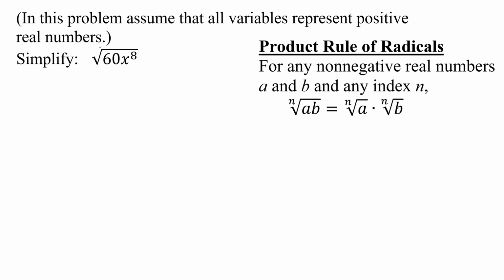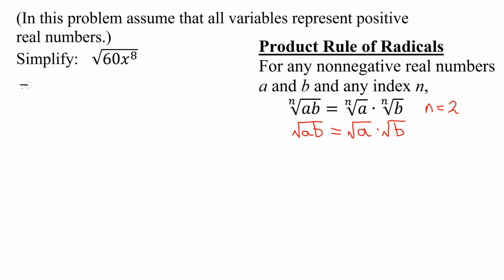What index are we used to writing? If there's no index there, n equals 2. So I'm going to use the product rule of radicals for square roots, which just says the square root of a times b equals the square root of a times the square root of b.